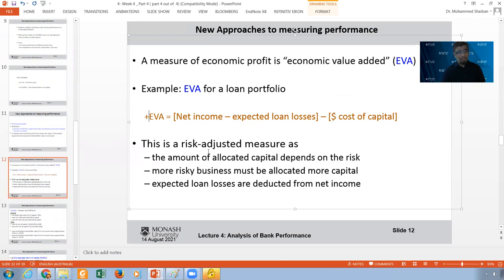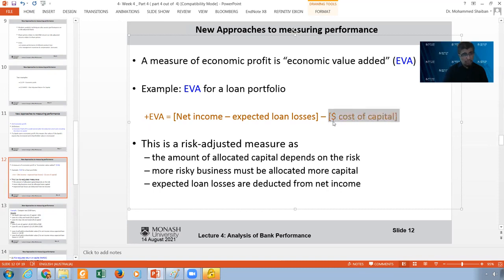This is a risk-adjusted measure, because when you take the net income and the expected loan losses, the expected loan losses are according to the risk of those loans, and then you deduct the cost of capital, because more risk needs more capital.